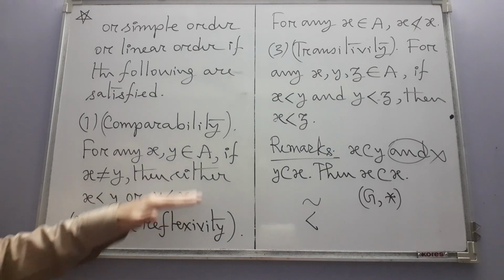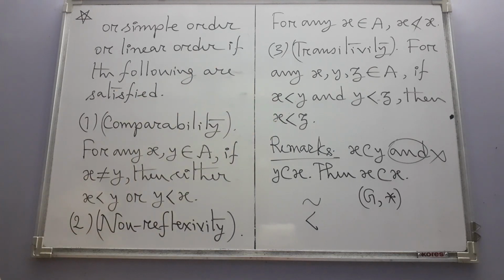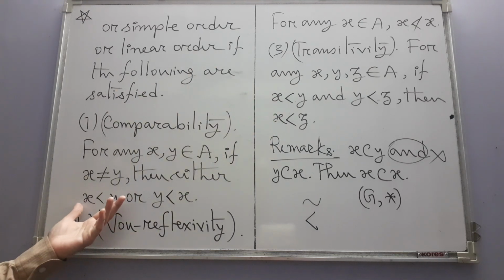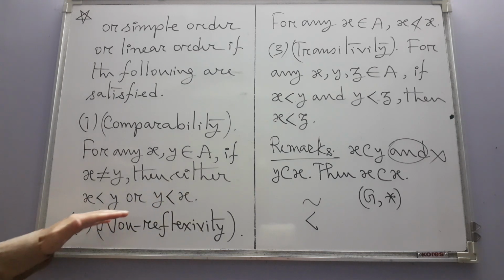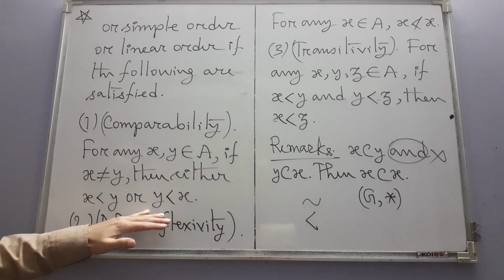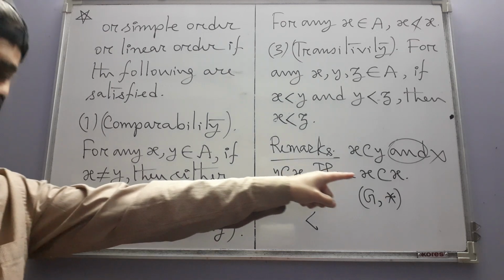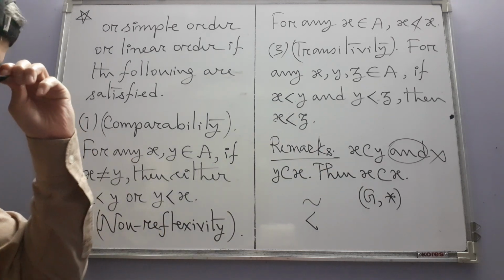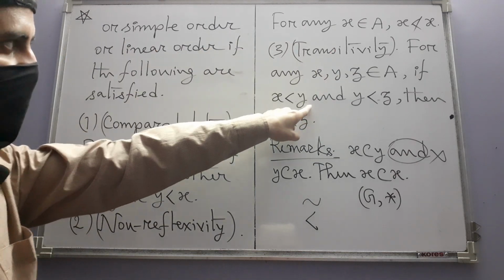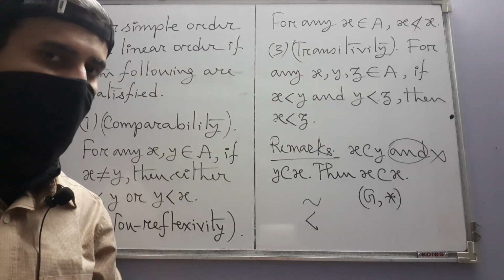But in this form, it's easier to understand and remember. Either X is related to Y or Y is related to X. And there is immediately a sense that both of them should not be simultaneously true, which we saw is actually the case. Also, no element is related to itself, and of course, transitivity has its own meaning.